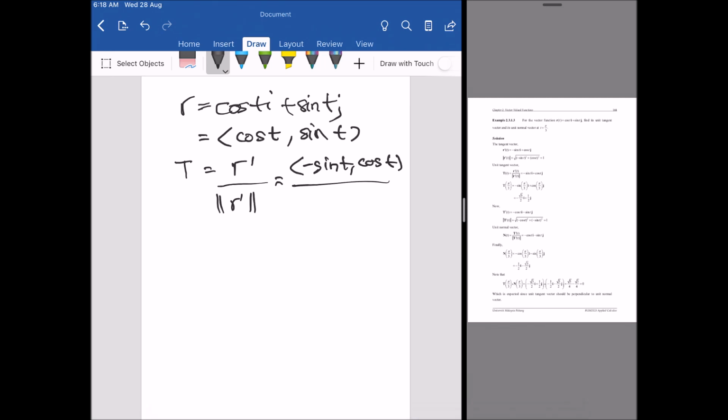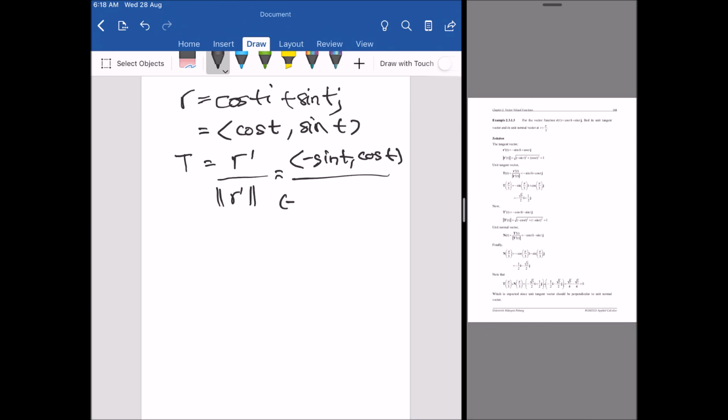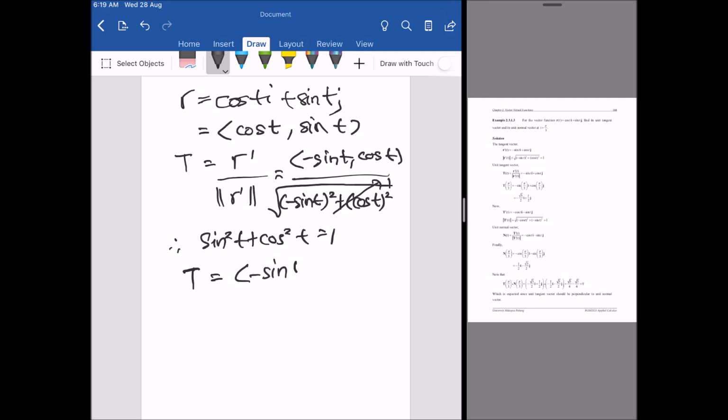Therefore, the magnitude of negative sin t, cos t will be negative sin t squared plus cos t squared, everything to the power of 1 over 2. Sin squared t plus cos squared t equals 1, so the denominator equals 1. Thus, you have your answer for the unit tangent vector as negative sin t, cos t.